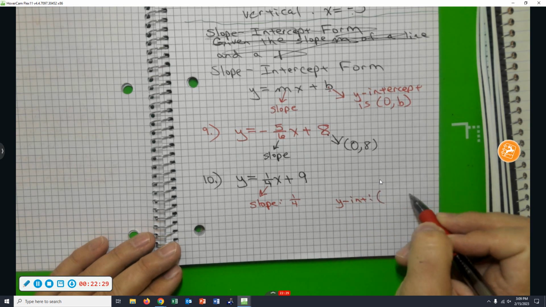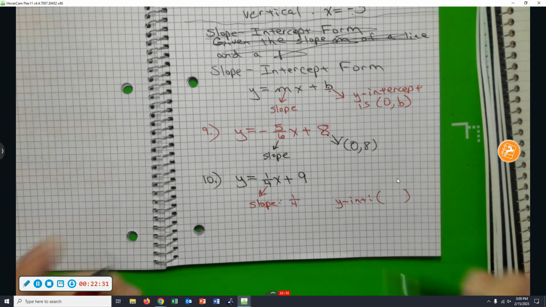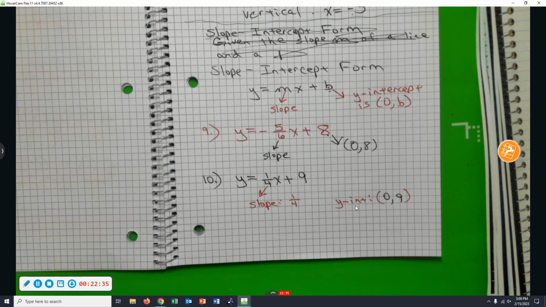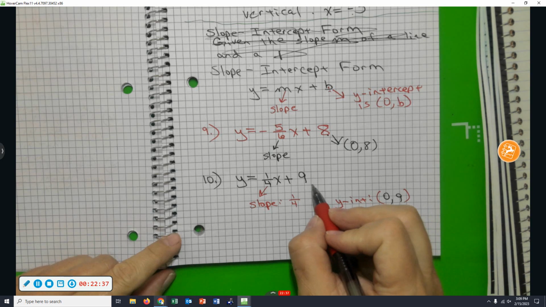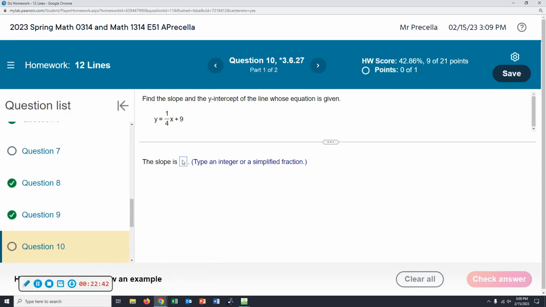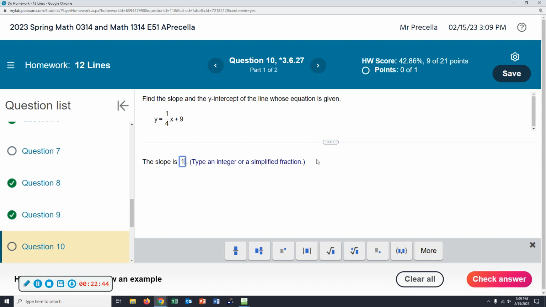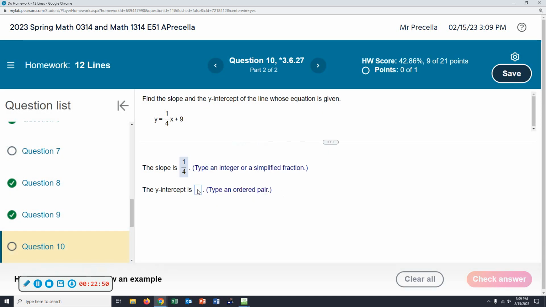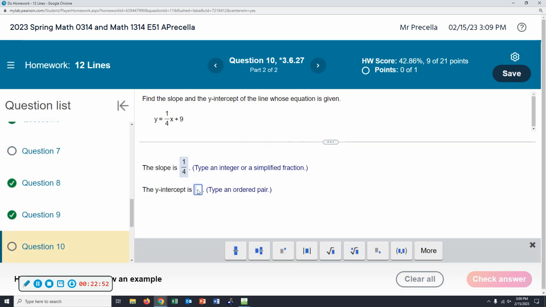You have to write it as an ordered pair, so 0, 9. There it is. Type it as an ordered pair. You see, they're not giving you the parentheses and the 0. You have to type out the whole ordered pair.